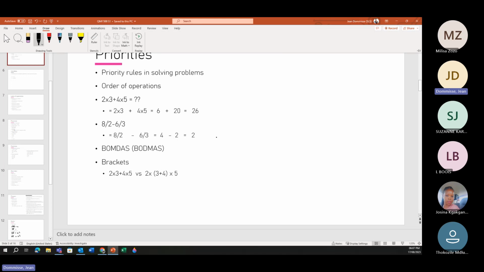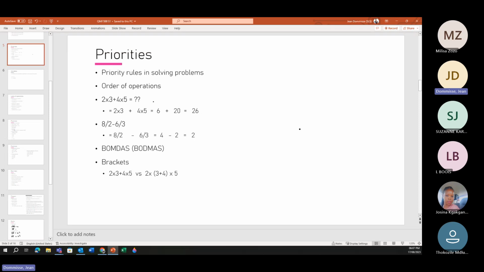So we're covering in this instance what we call priorities. So what do we do first? If they give you a set of values with signs in between, what do we do first? Normally you can look at the abbreviation that we sometimes call BOTMAS or BOMDAS.